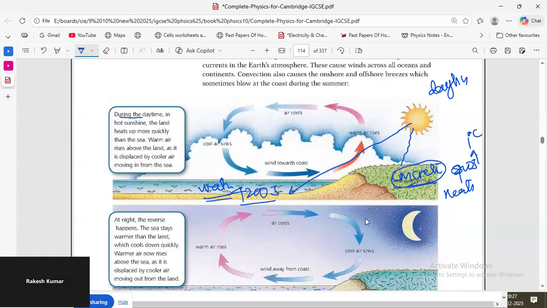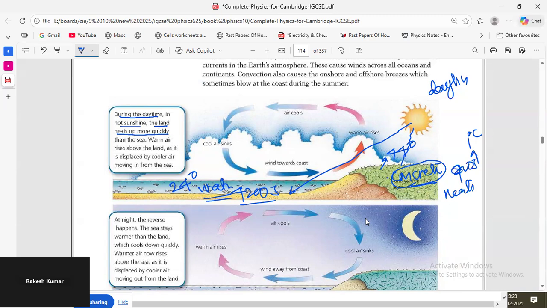So during the daytime in hot sunshine, the land heats up more quickly, but the water takes time. By the time the land is, let's say, 44 degrees, the water must be 24 degrees, because it's taking more heat and the water keeps coming from below.